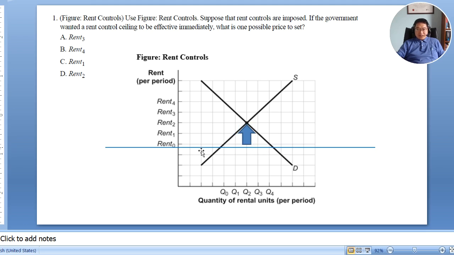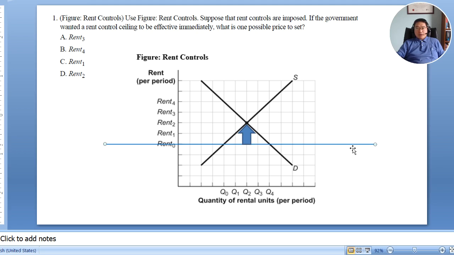But if you have a ceiling below the equilibrium price, the government says the price cannot go up, then you have an effective price ceiling. It's a binding price ceiling. So for a rent control ceiling to be effective immediately, it really means the price ceiling set by the government is below the equilibrium price in the market. The equilibrium price in this picture is rent 2, so we either can have rent 1 or rent 0 to be the effective price ceiling.